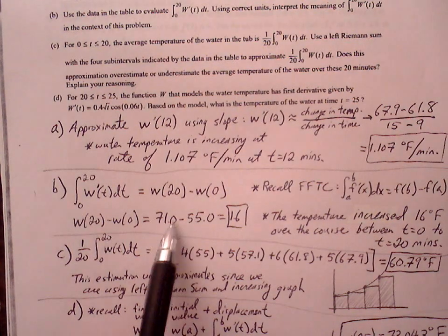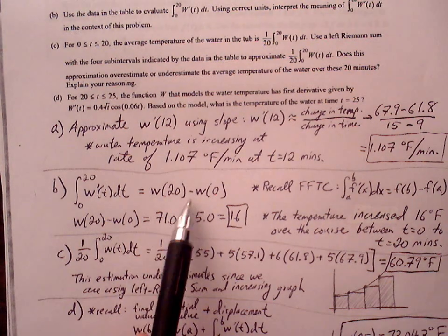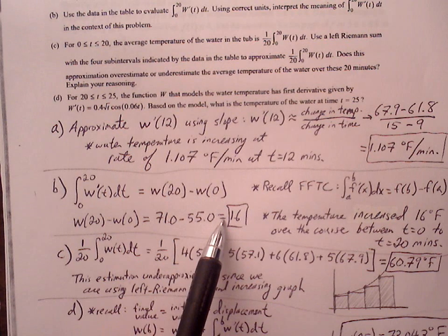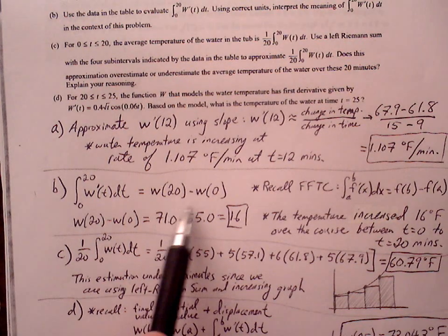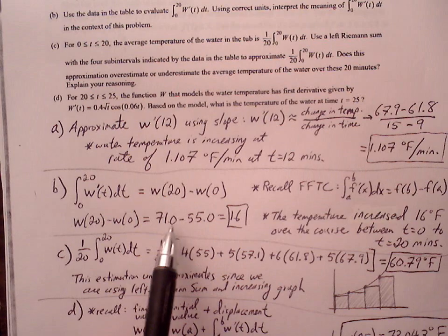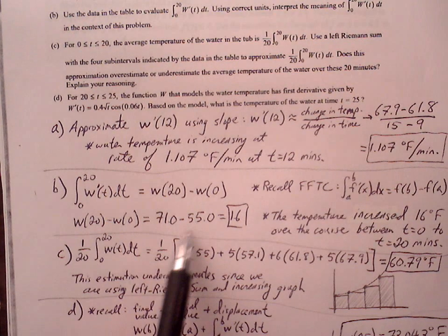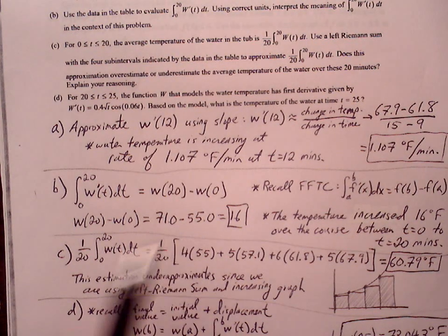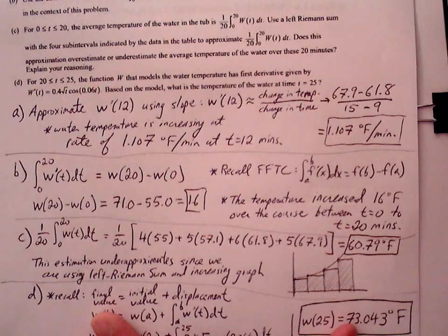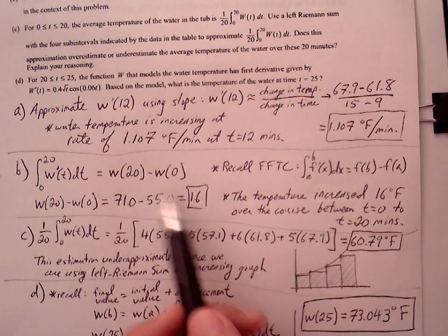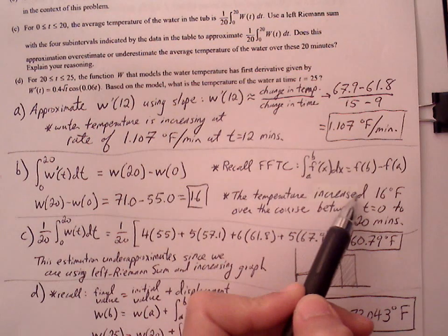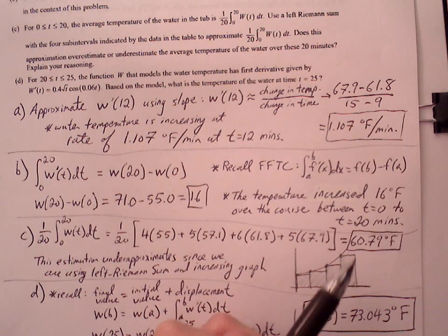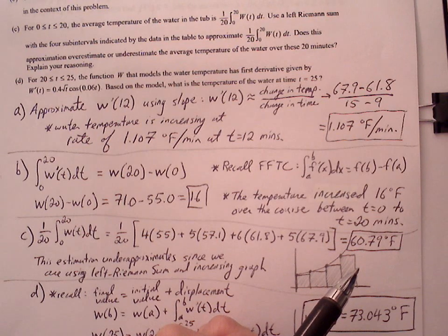And if we think about these values in general, W of 20 minus W of 0 equals 16, that just means that the temperature rises 16 degrees between 0 and the 20th minute, because it starts at 55, goes to 71, and rises 16 degrees Fahrenheit. So that's all this is saying. W of 20 minus W of 0 represents the fact that the temperature has increased 16 degrees Fahrenheit over the course of these 20 minutes.